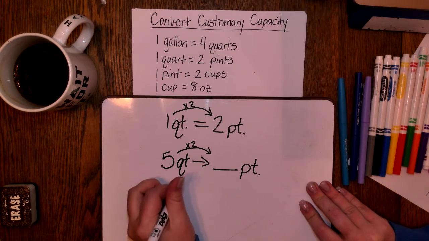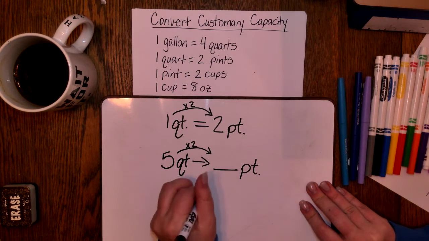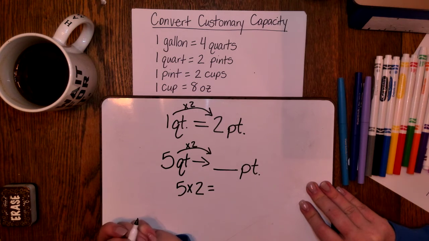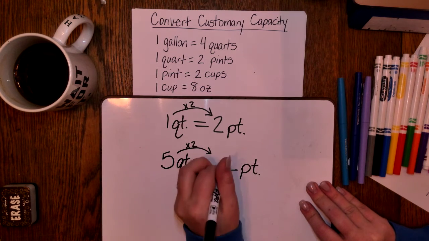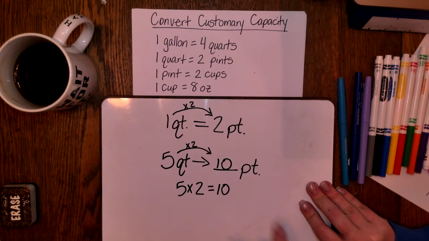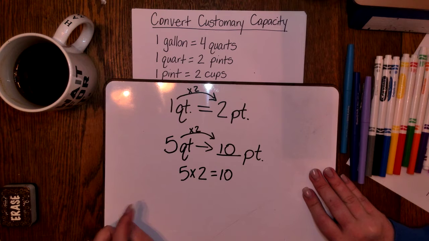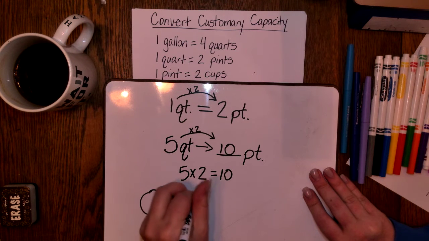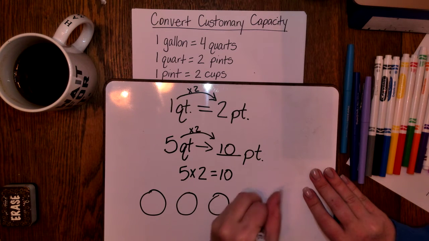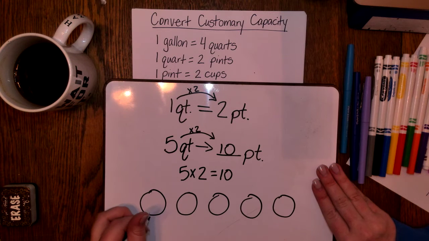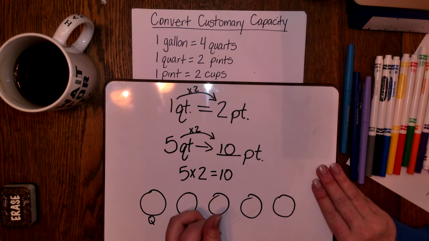So 5 times 2 equals 10. There are 10 pints. And I can draw this too. If I know that I have 5 quarts, 1, 2, 3, 4, 5, each one of those is a quart.